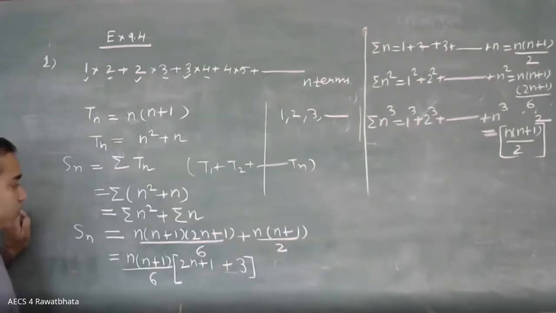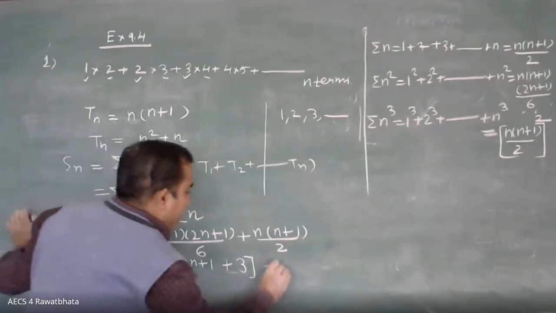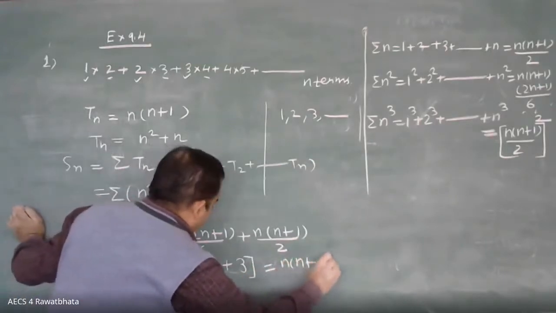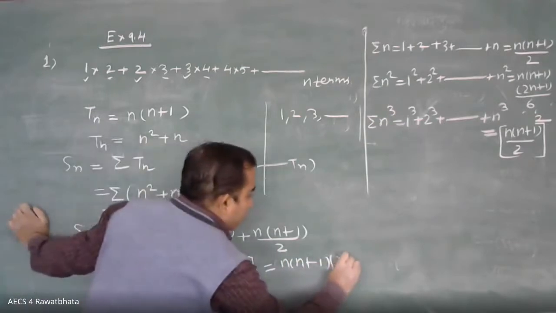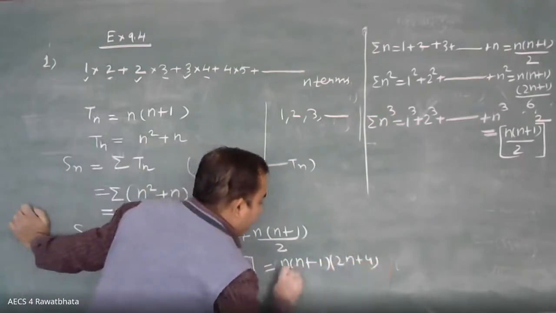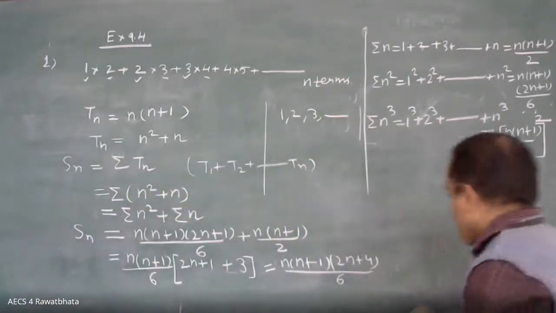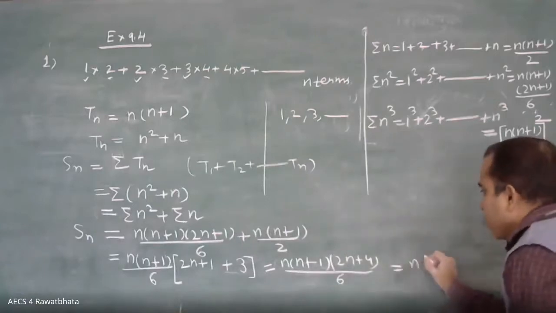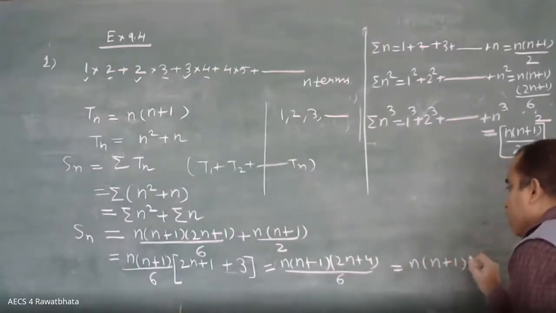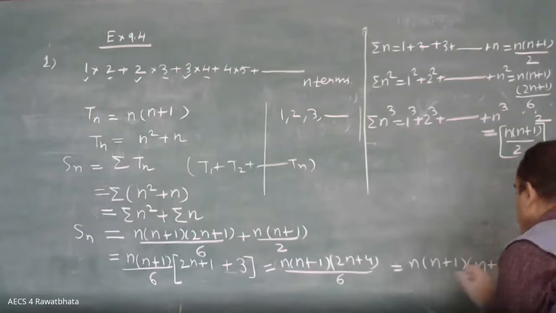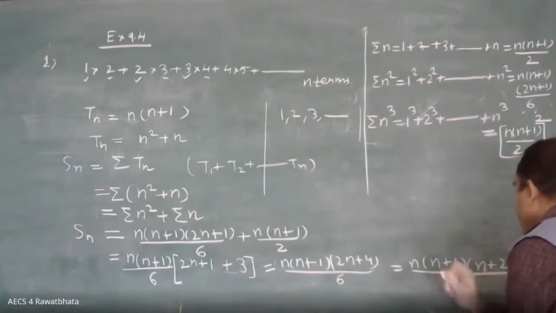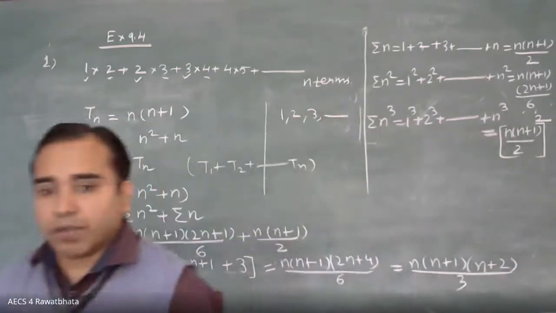So this will become n plus 1 and 2n plus 4 whole upon 6, and 2 common and cancelled. So my final answer will be n plus 1 n plus 2 whole upon 3. 2 common and cancelled from the denominator.